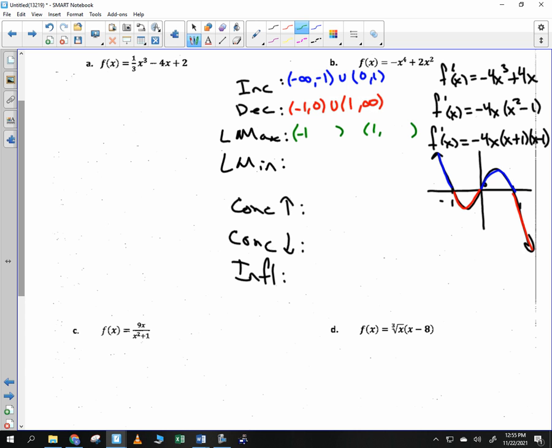So I'm going to plug negative 1 into the original function so I can actually find the location, the y value. See what I'm saying? If we plug in negative 1, negative 1 to the fourth is 1. Make it negative, negative 1. And it would be plus 2. So I'd have a height of 1.